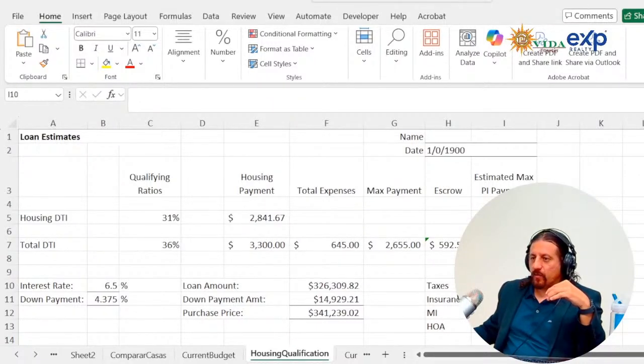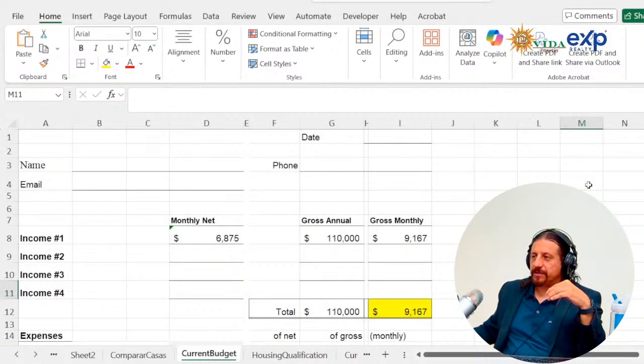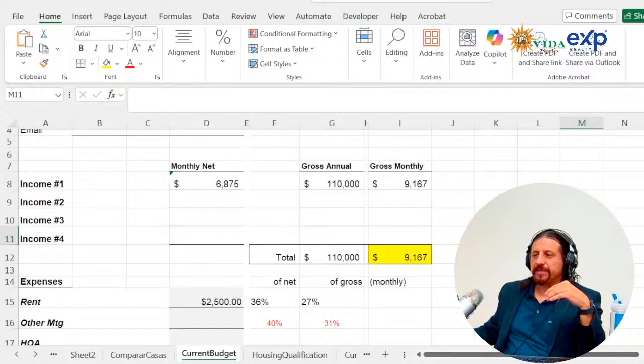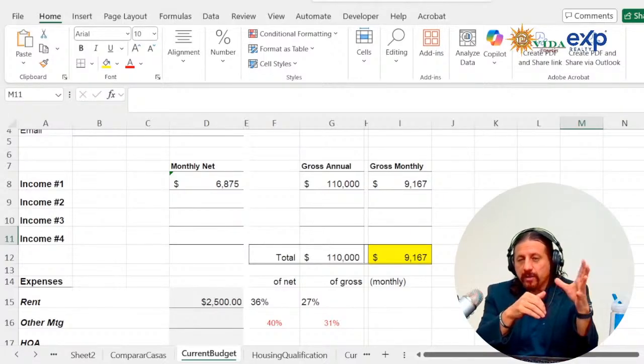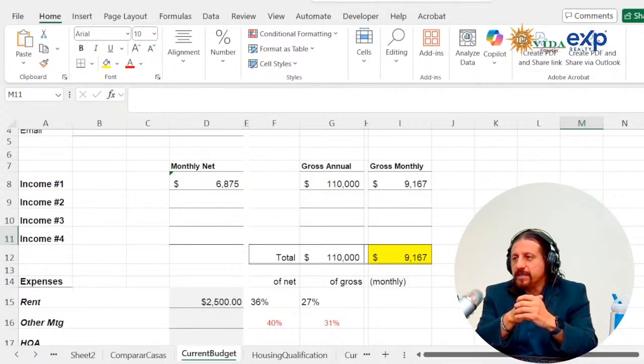I'm going to start here with a budget, which is basically determining the gross monthly income. We're going to use $110,000 because that's the default that NerdWallet brings up, just to have a starting point.